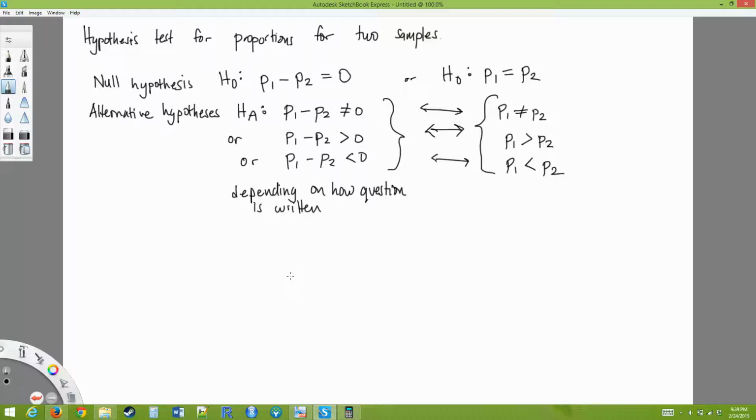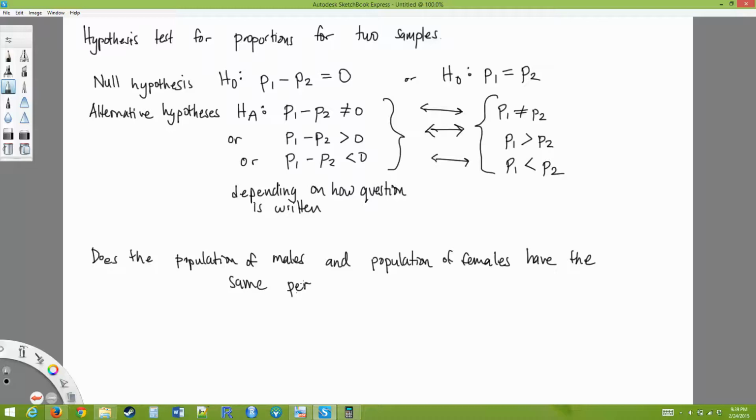Questions that can be answered with this are: does the population of males and population of females have the same percentage of left-handed people?